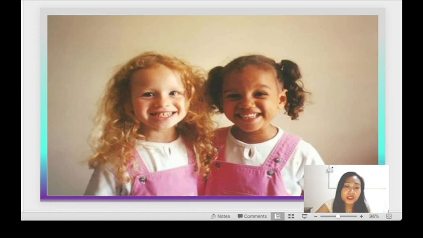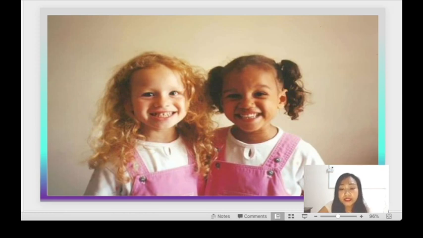Okay, next. What can you see from this picture? Two girls with different kinds of characteristics, right? Look at this. She has black hair, while this one is blonde. And she has fair skin, while this one is less fair, quite dark skin.